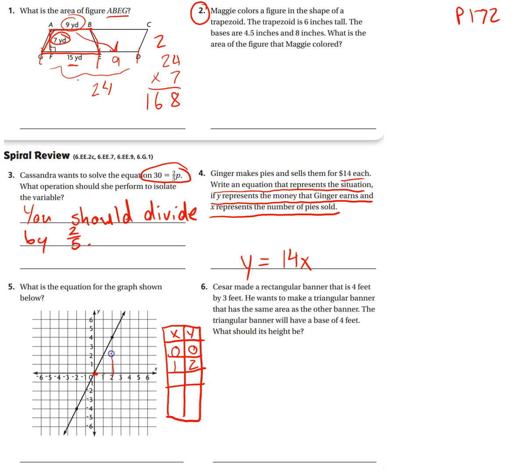When x is 2, y is 4. So what are they doing each time? It looks like they're taking the x and multiplying it by 2 to get their y.